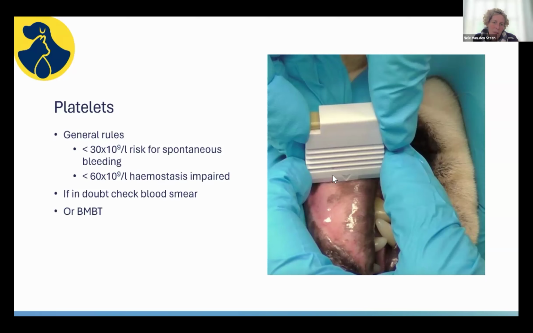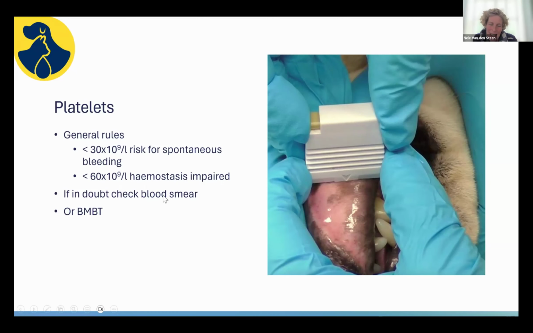As a general rule, when we talk about bleeding risk, anything under 30 as a count will be a risk for spontaneous bleeding. Where little blood vessels through senescence will slightly break down, they're reliant on the platelets to stop that tiny bleed. And if you don't have that happening, you will get petechiae and ecchymosis.